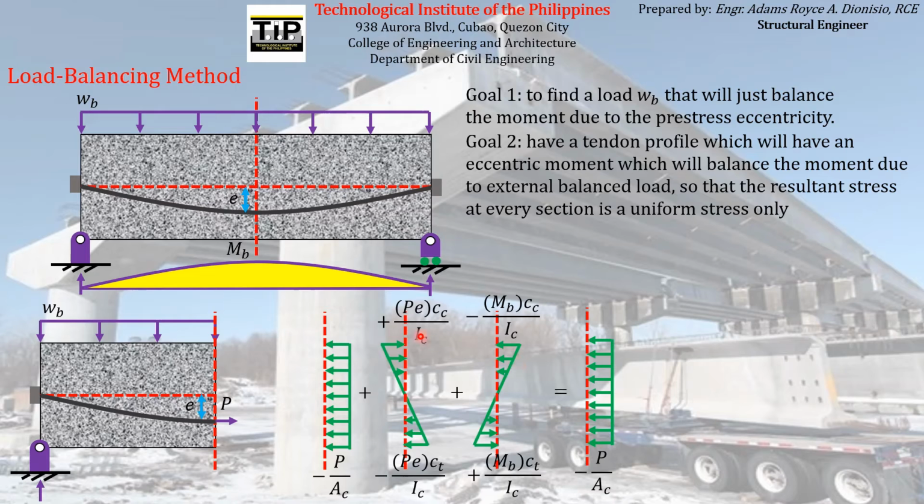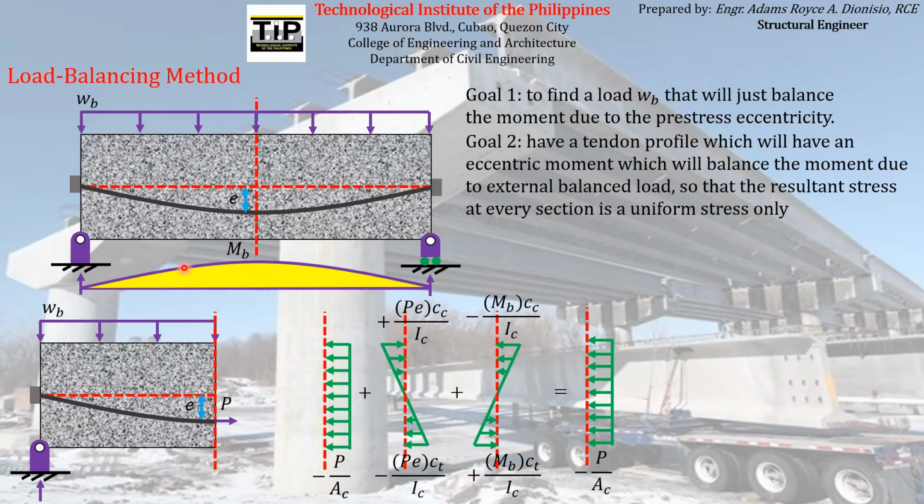And with that, we can make sure that this eccentric moment will just be always equal to the corresponding bending moment here, which are actually what we call balance moments. So all of those moments here are actually called balance moments.